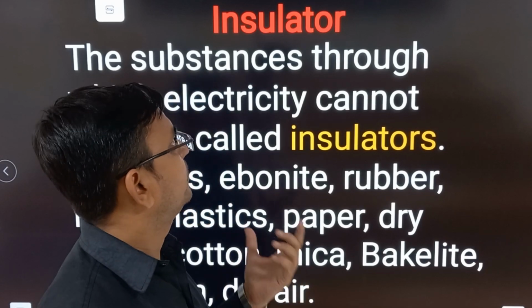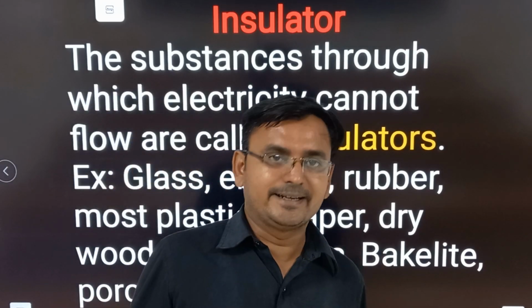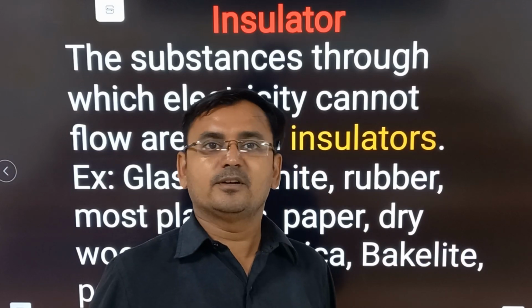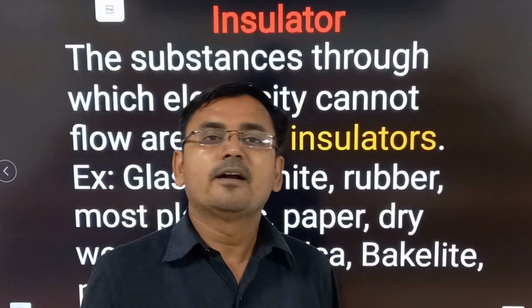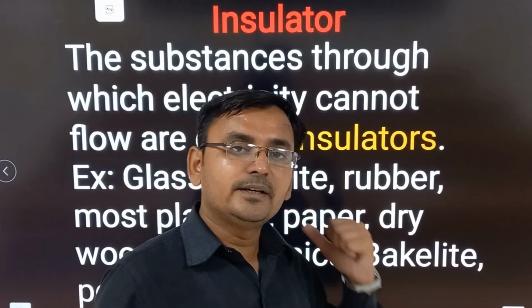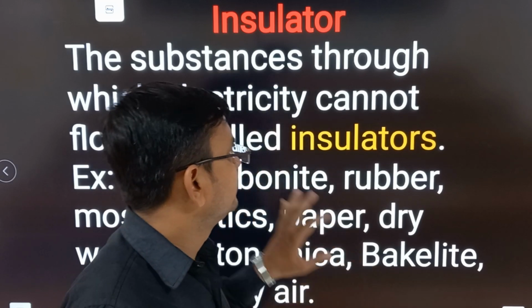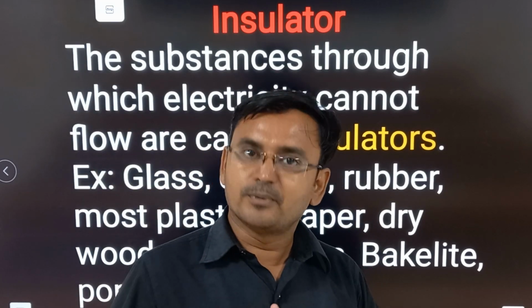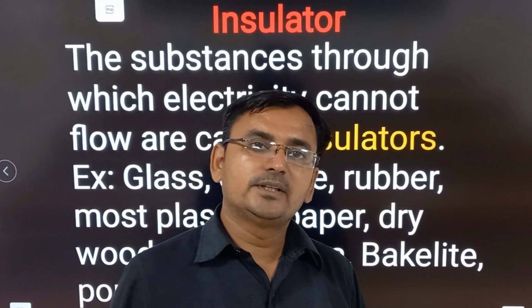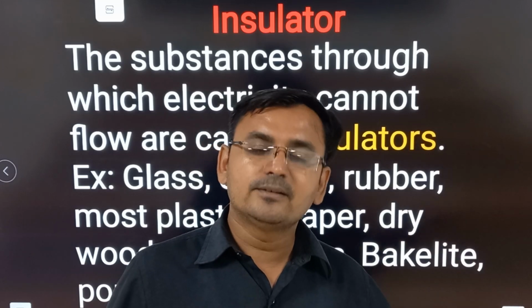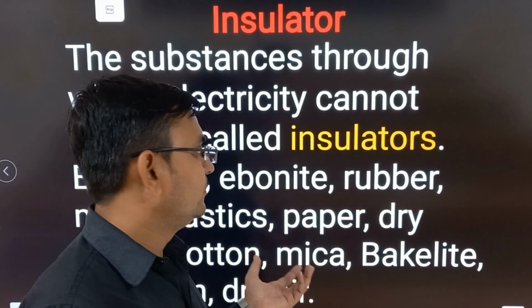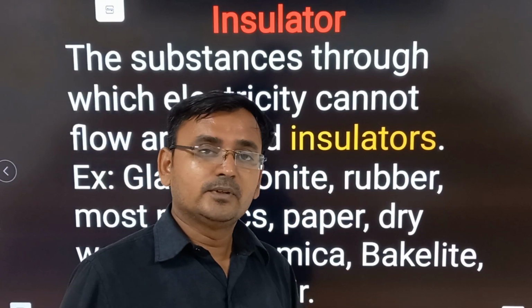Now the question is, what is the need of an insulator in electricity, right? We know that a conductor is important because current can flow through the conductor. But what is the need of an insulator? An insulator is used for security and protection purposes, because if we touch a live wire, we can get current and we can get a shock, right?